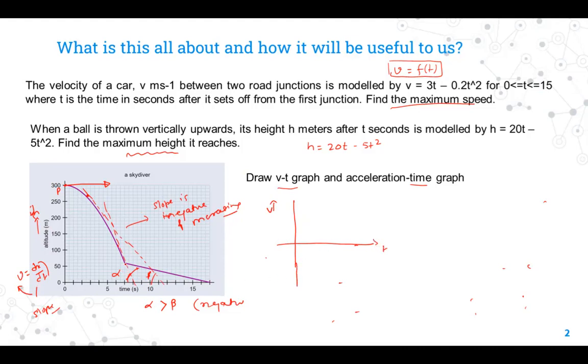So if you draw the velocity versus time graph, suppose this is 1, 2, 3, 4, 5, 6, 7, 8 seconds. Up to t equal to 7 seconds, velocity has started from 0 in the negative direction. Clear?